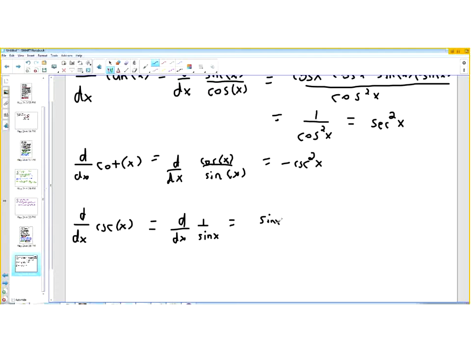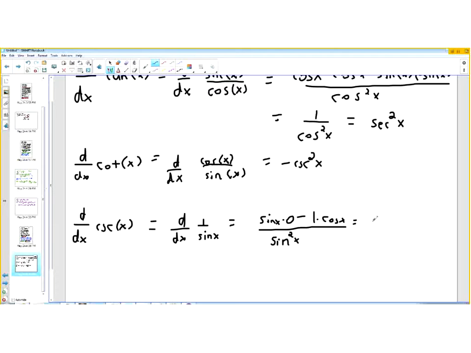So that would be sine x times the derivative of the top, which is 0, minus 1 times the derivative of sine x, which is cosine x, all over the bottom function squared.